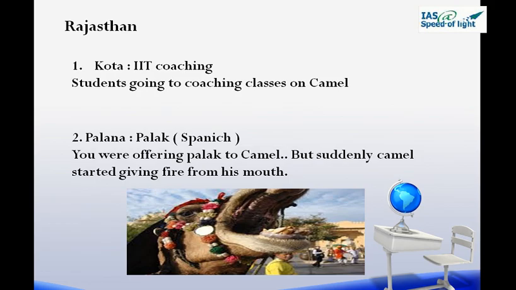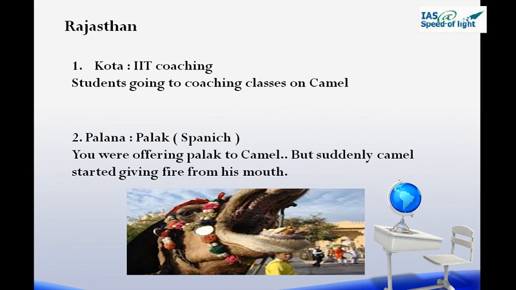And what we have to see now is these IIT coachings in Kota. Now, students used to travel on camel to reach these classes because Kota in Rajasthan is so hot. Its floors are so hot, its roads are so hot that you cannot walk on them. So we use camel to walk there, right? Camel to reach from one place to another.